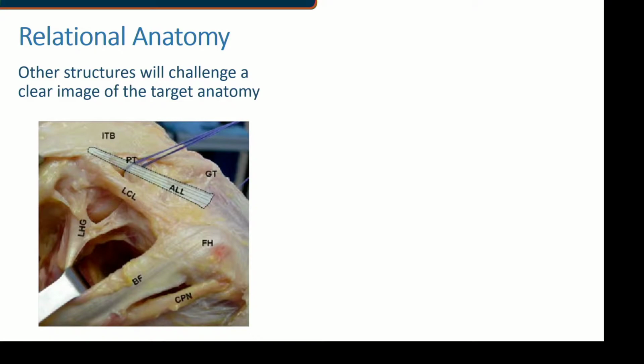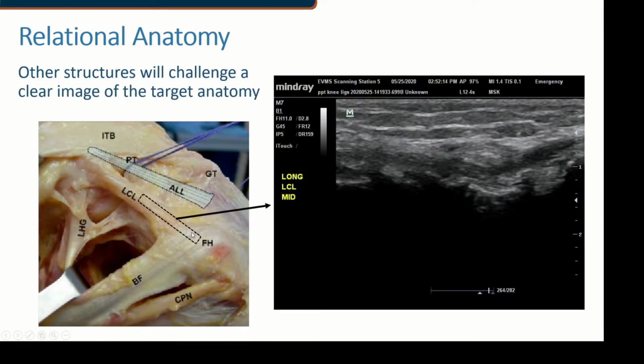So there's going to be a point at which the biceps femoris is going to interfere with your view on the lateral collateral ligament. So if I put a probe across here and then I look at the image, again, this is an older knee, so we do have a hypoechoic echo texture to the lateral collateral, but when I put some labels on here, and I'm going to go back again to take the labels away, you can see how the biceps femoris can confound your ability to see the ligament easier.